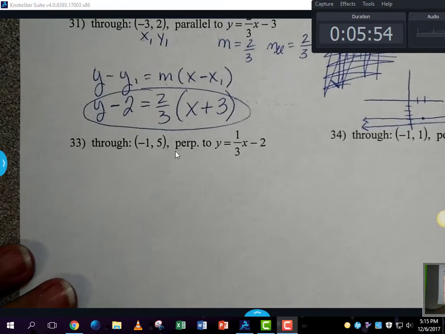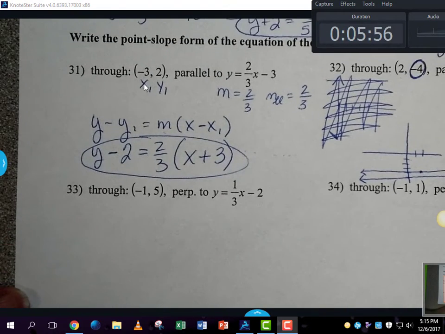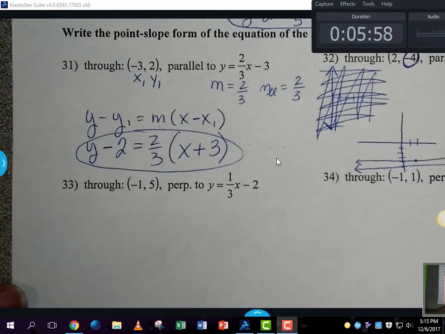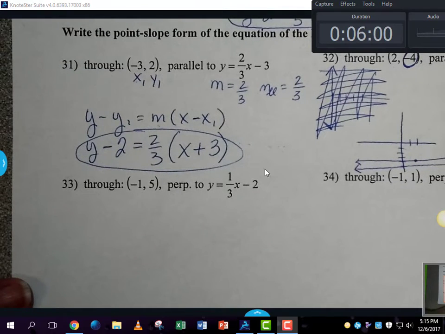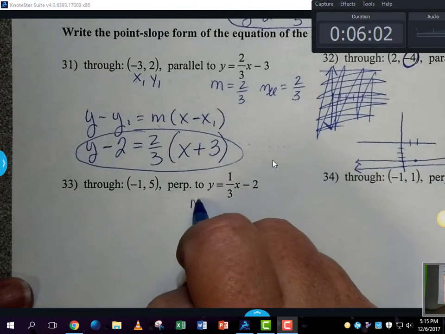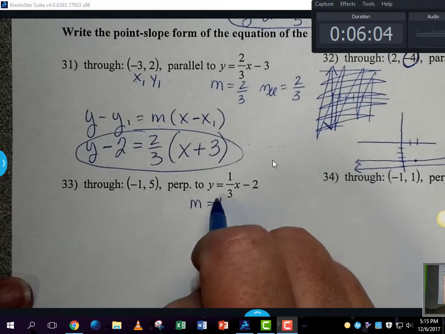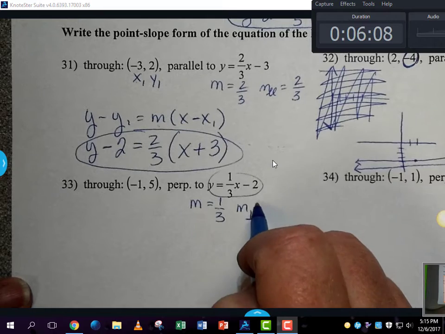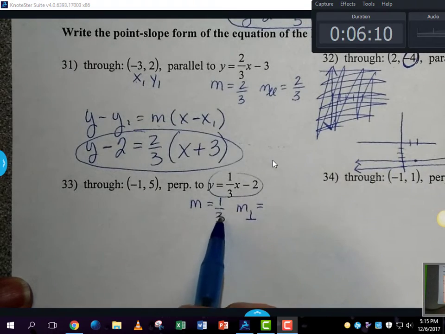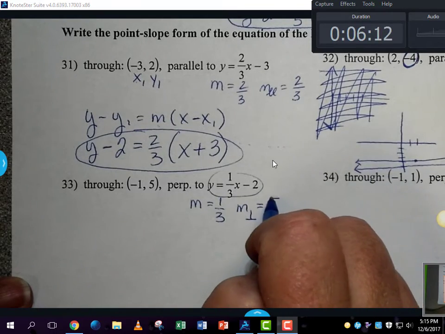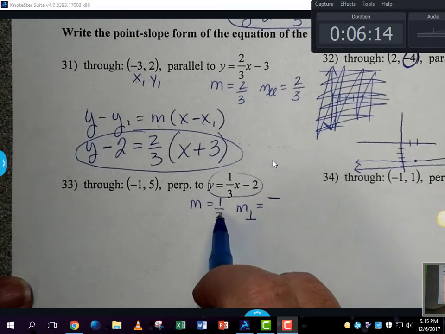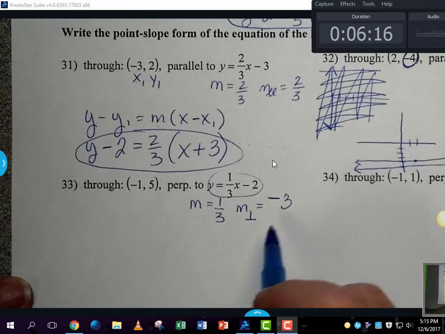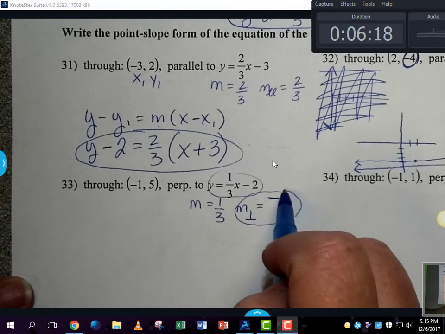Okay, now I'm still writing in the point slope form. This time I'm doing some perpendicular slopes. So the slope in this problem, in this line, is 1/3. The slope that would be perpendicular is going to be the opposite. This is positive, so it's going to be negative. And the reciprocal of 1/3 is 3. So here is my slope.